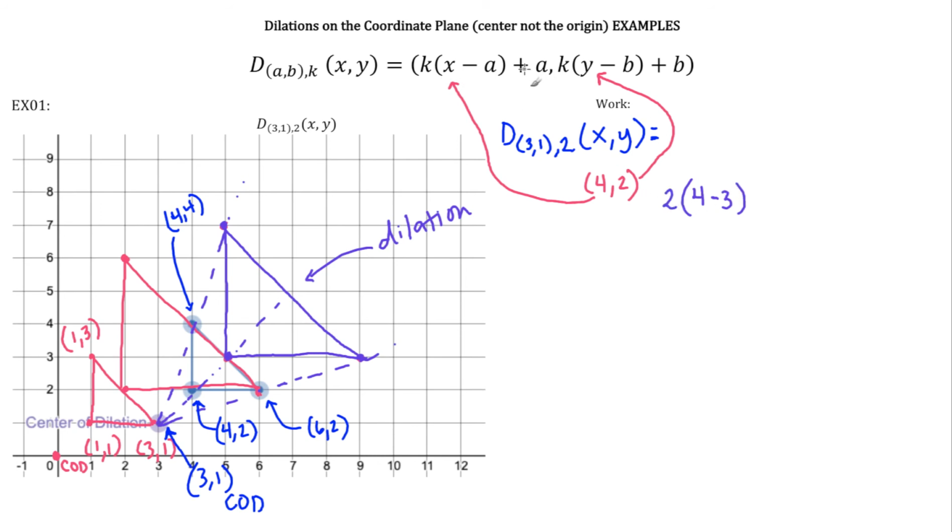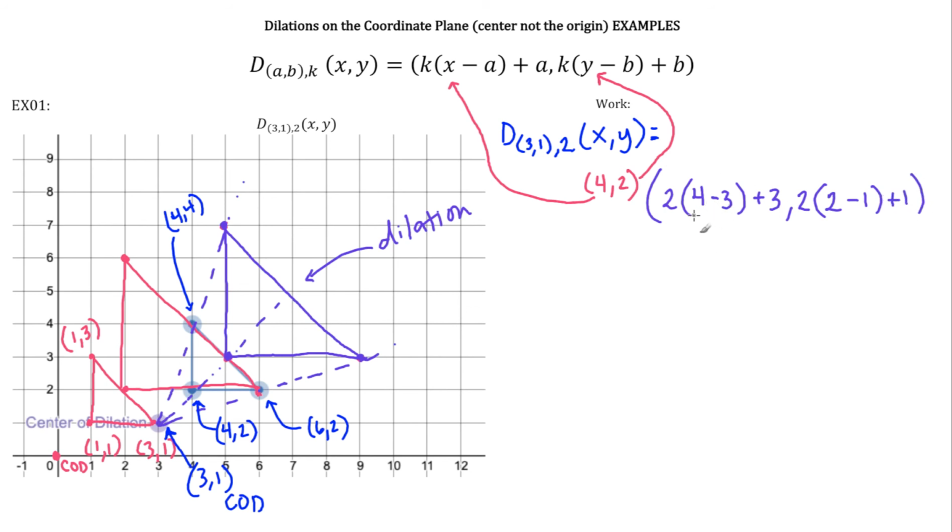I'm going to add my 3 back. And I'm going to do the same thing for my y values. My original y value was 2. I'm going to subtract my center of dilation y, so subtract 1. Multiply by my scale factor, which is 2. And then I will add the b back. So I'm going to add the 1 back.